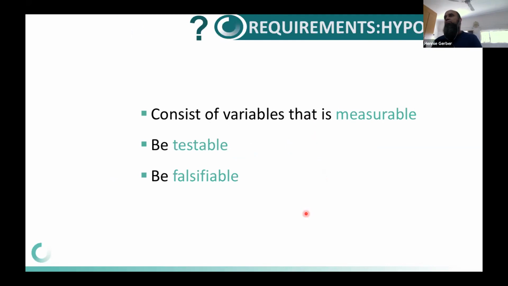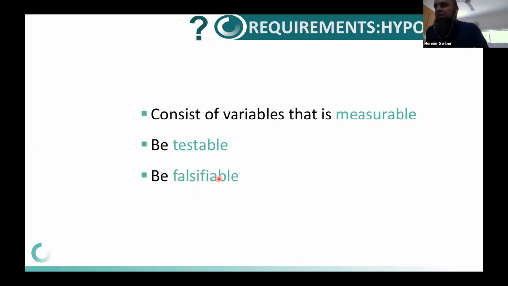The criteria for a hypothesis is three things. You must have variables that are measurable. The variables must be testable, and the hypothesis must be falsifiable.